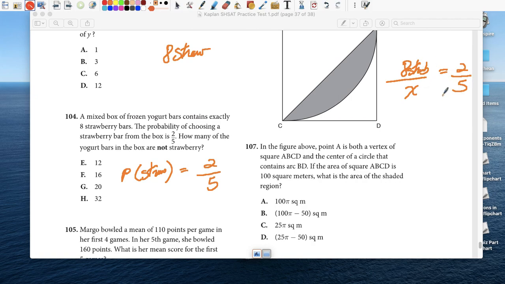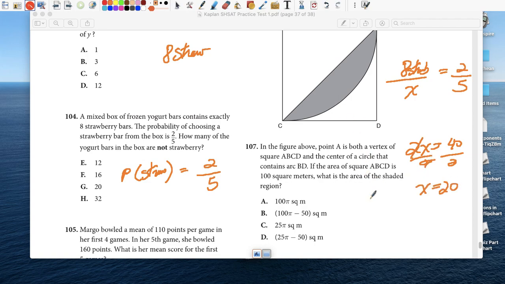Well, you can cross multiply. You can find a relationship, right? So let's cross multiply in this case. x times 2 is 2x. 8 times 5 is 40. Divide both sides by 2, and x equals 20.